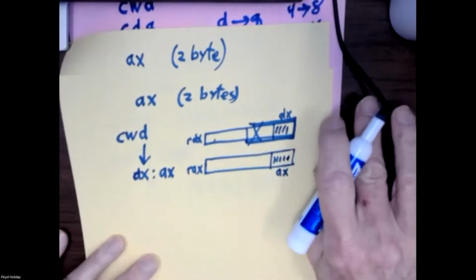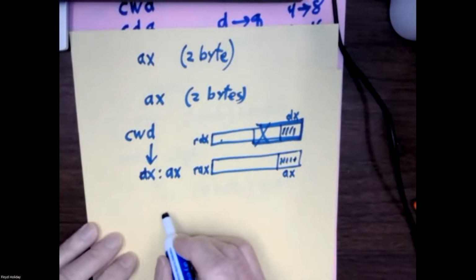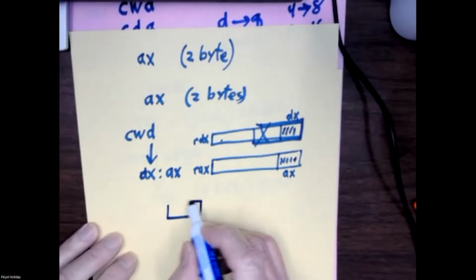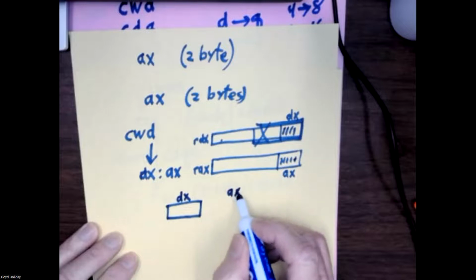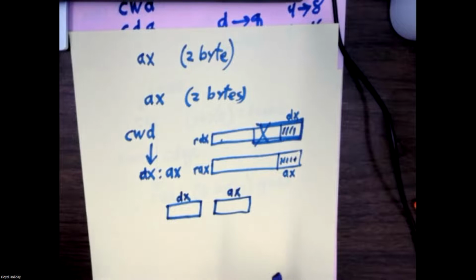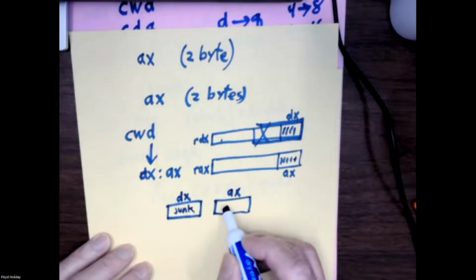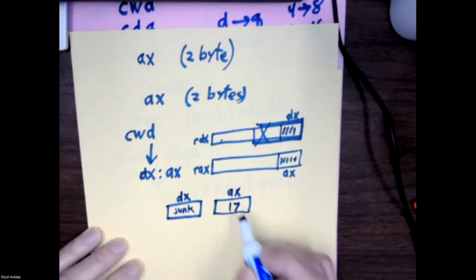Okay, let's try. DX now and AX. I'm going to use decimal because we can see it easier. This has junk. This has a nice number in it, 17.